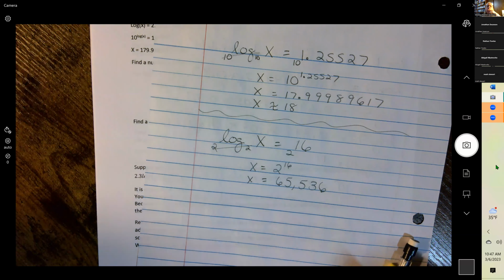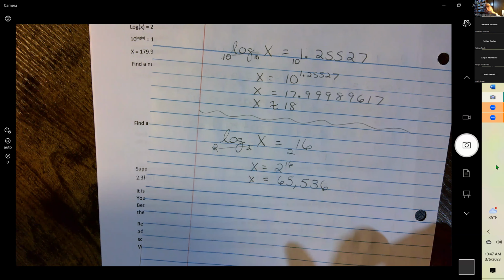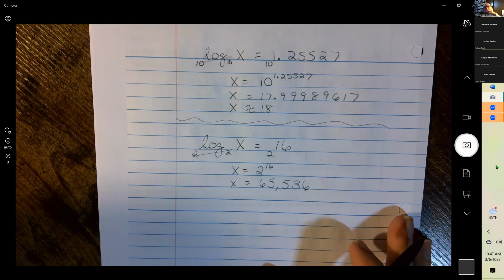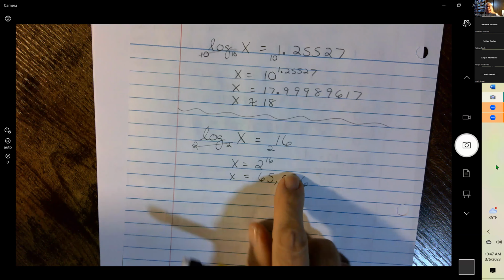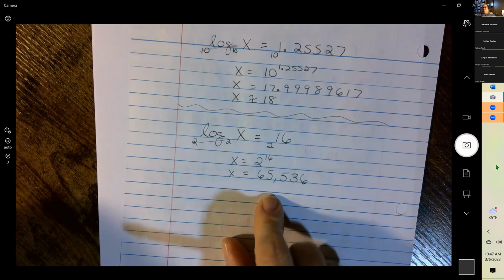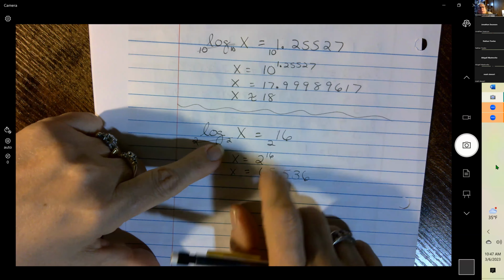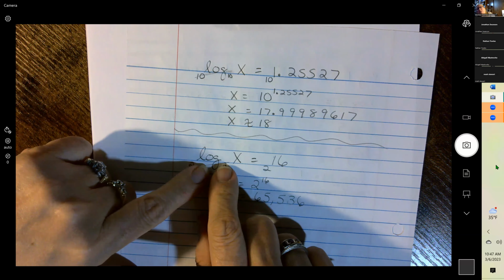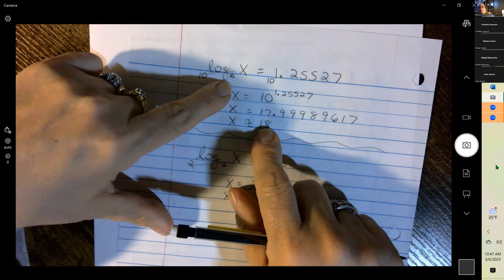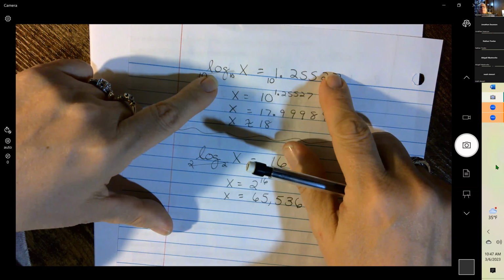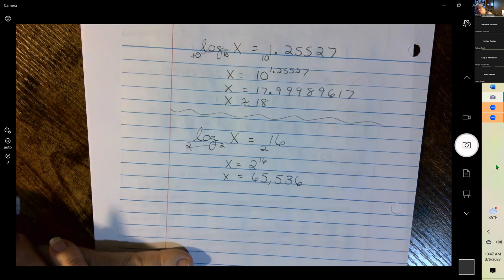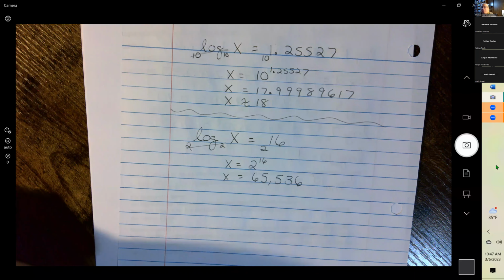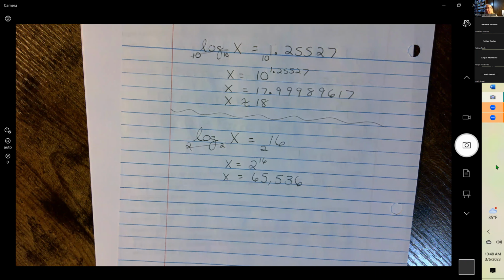Whenever I do log to the 16th, aren't I supposed to be getting... So if I do log of 65,536, I'll get 16. Yes, there you go. This one's a base 2, so it may be a little bit different because your calculator's not base 2, but this one definitely was base 10, so the log of 18 will give you that. Okay, that makes a little sense. Okay, thank you. You're welcome. Any other questions?